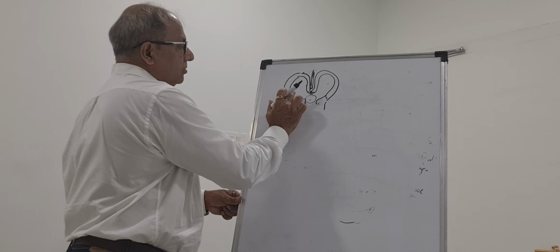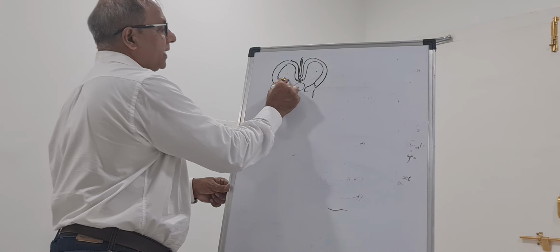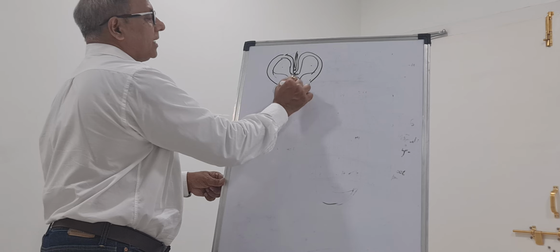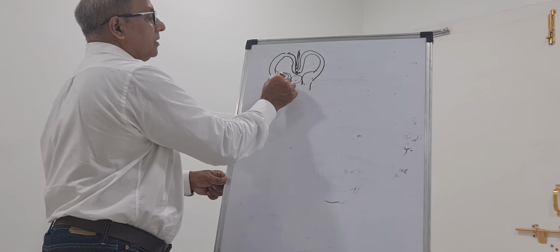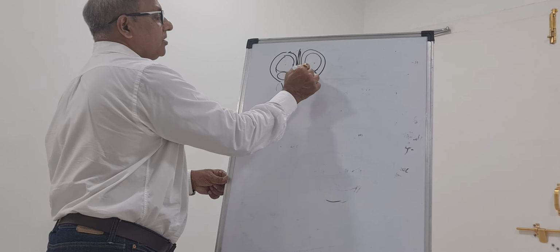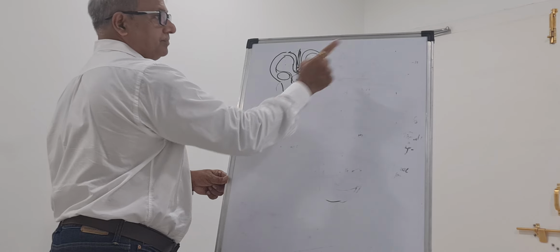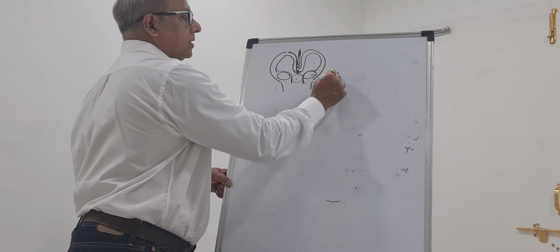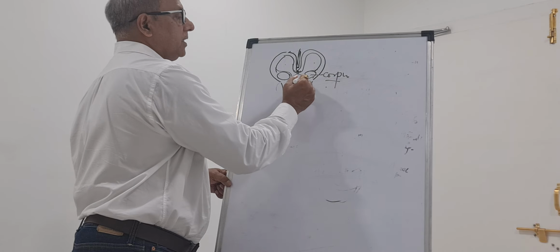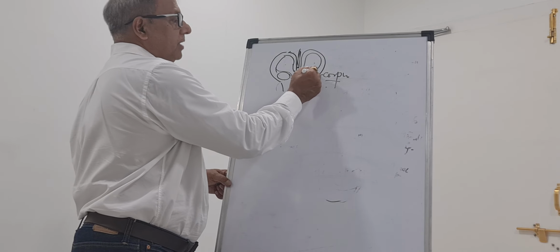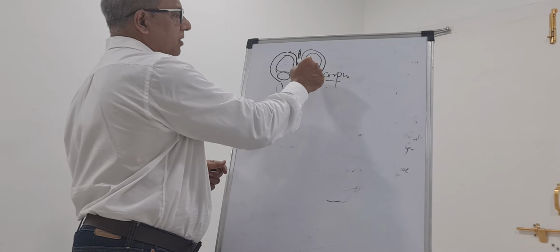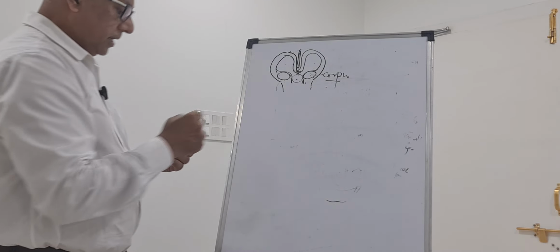This neural tissue gets thicker at this place, so there is a collection of neurons. These neurons are called corpus striatum or basal nuclei. These basal nuclei will again change into caudate nucleus and putamen and all, which I will let you know with the diagram.